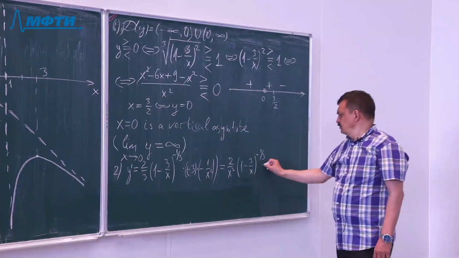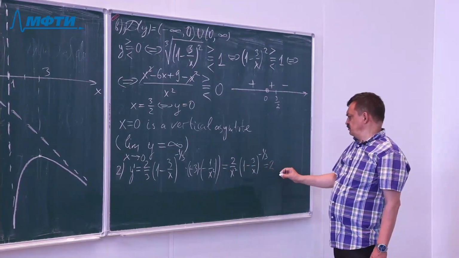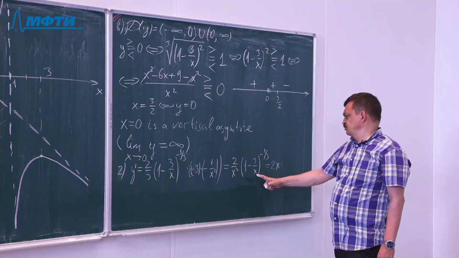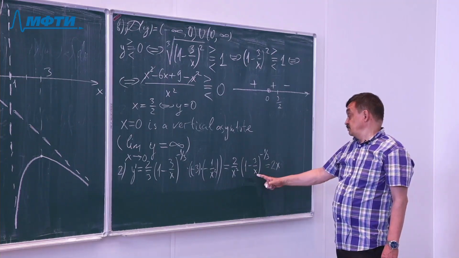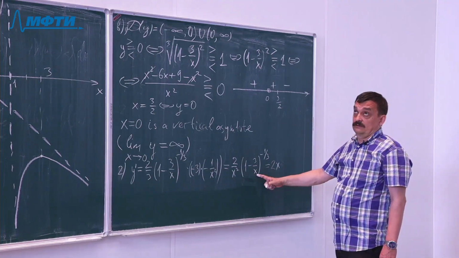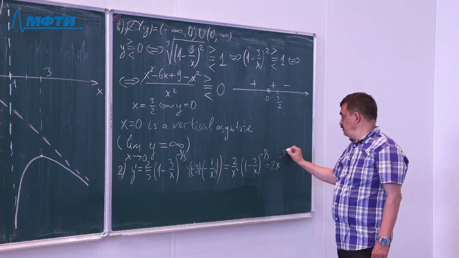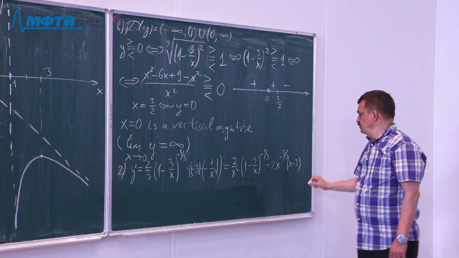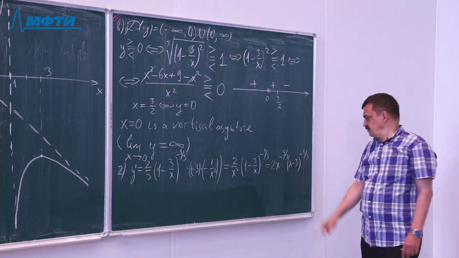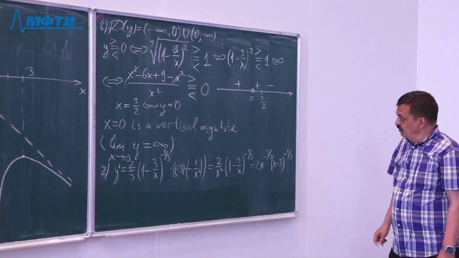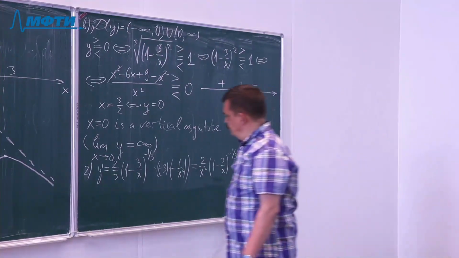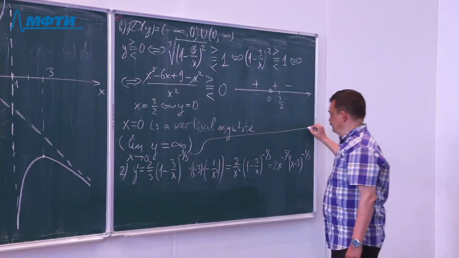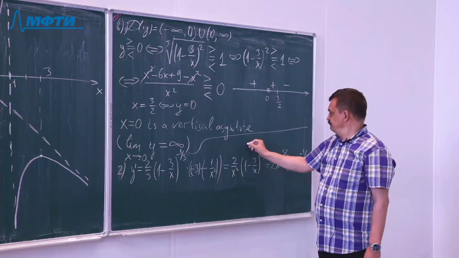Or maybe it will be easier to compute x power minus 2 plus 1/3, minus 5 over 3, times x minus 3, power minus 1 over 3. It will be easier to compute the second derivative. So what happens with the first derivative?